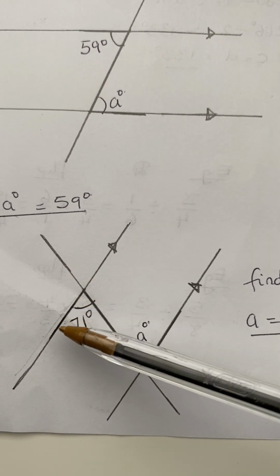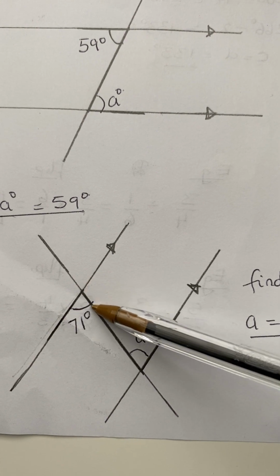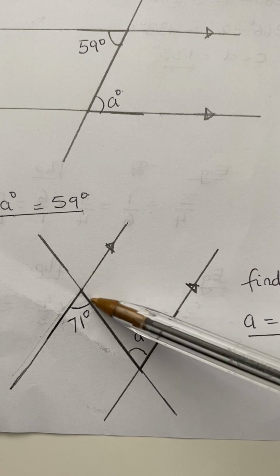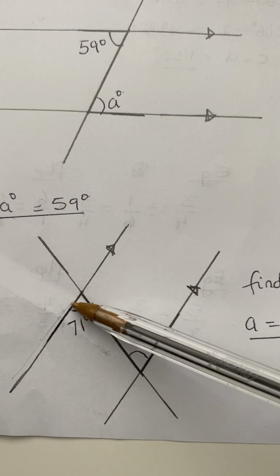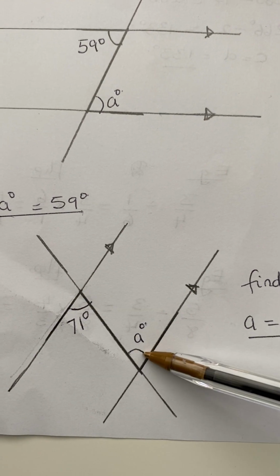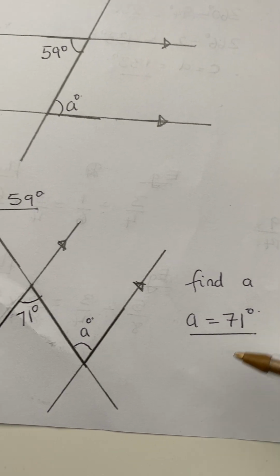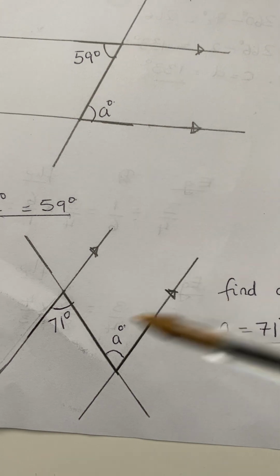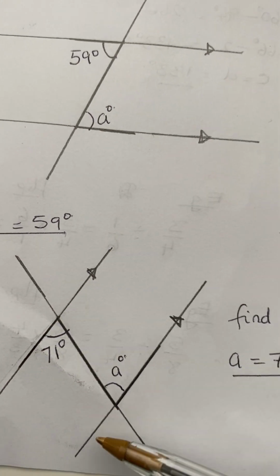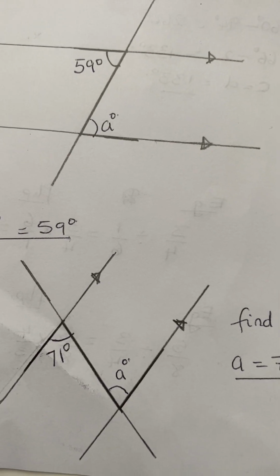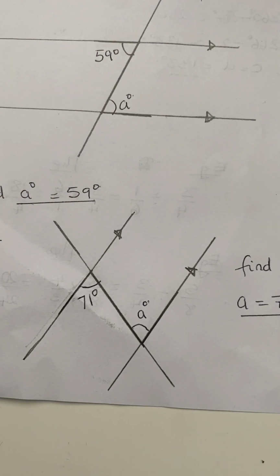Okay, and then after I found the alternate angles, or the Z angle, this angle will be equal to this angle, which is 71. So A is 71. As long as they are parallel lines. If they are not parallel lines, it won't be true.